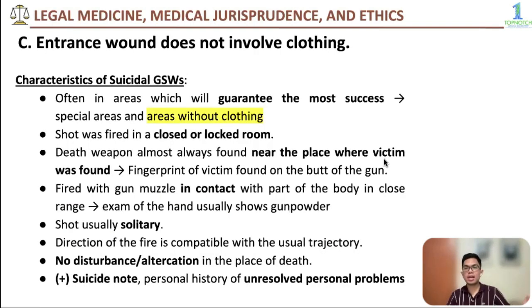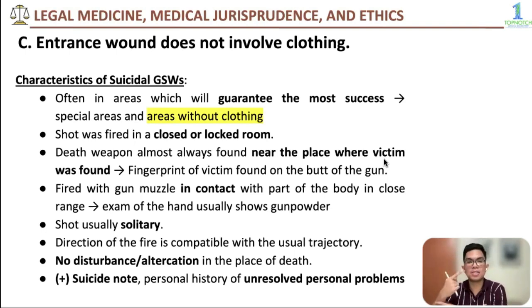With a suicidal gunshot wound, you want the area that will guarantee the most success and the least pain in the shortest amount of time. Usually sa ulo, sa heart, sa pulso, di ba? If it's a suicide, usually it's in a closed or locked room, there's no disturbance, and there is a suicide note or a personal history of unresolved personal problems.